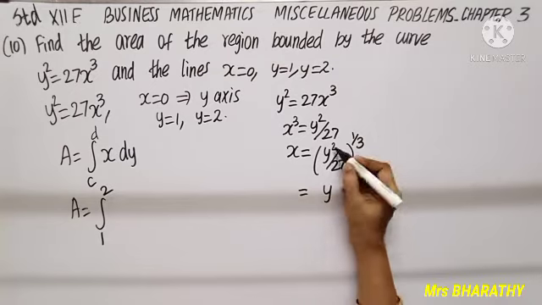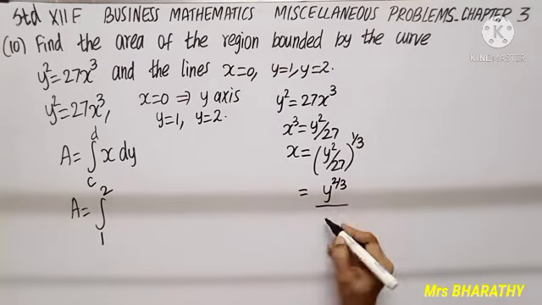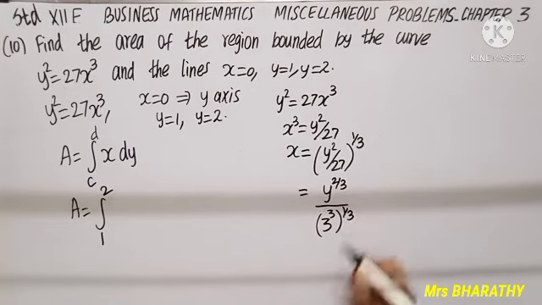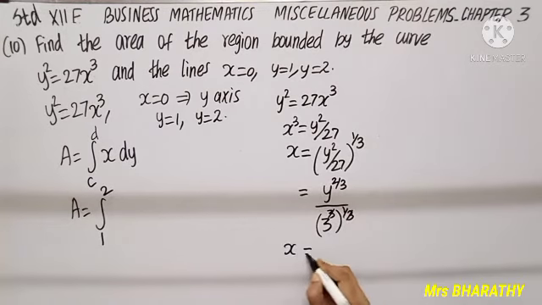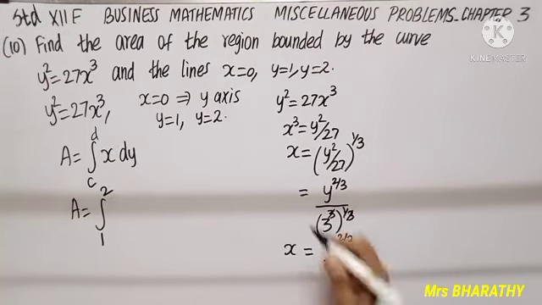It is y power 2 by 3. Denominator 27 can be written as 3 power 3, the whole power 1 by 3. If I cancel, we get x is equal to y power 2 by 3 divided by 3.